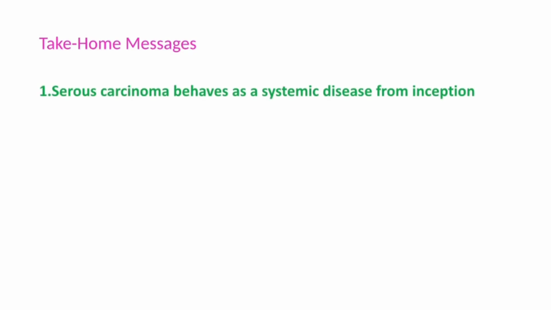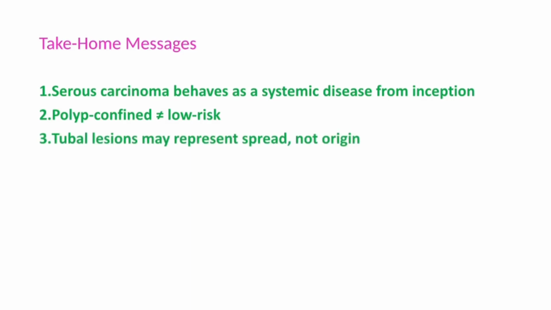So what is the take home message for both the serous and clear cell carcinoma? First, serous carcinoma behaves as a systemic disease from inception. Polyp confined, it is not like low risk, it is a high grade nuclear feature that indicates its aggressiveness.